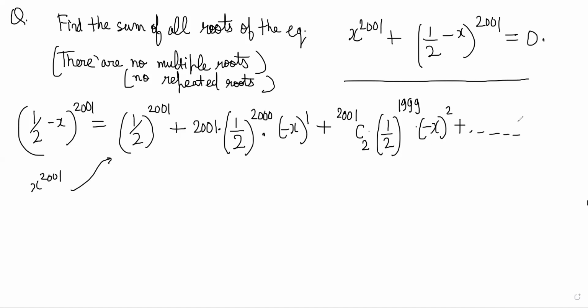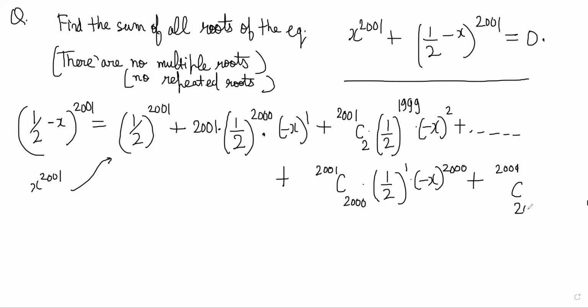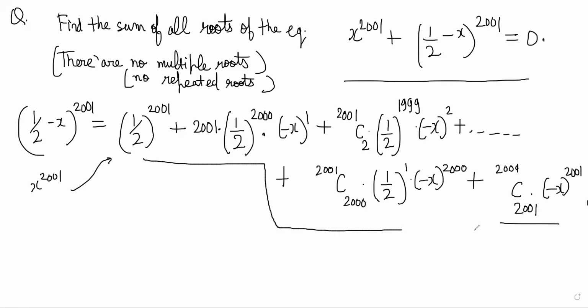Because for the last term and second last term here, you'll get 2001C2000 (1/2)^1 (-x)^2000, plus you'll get 2001C2001 (1/2)^0 (-x)^2001, right? Yes, sir. This is the full series of the binomial theorem.